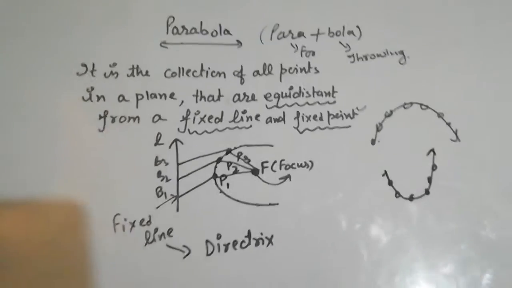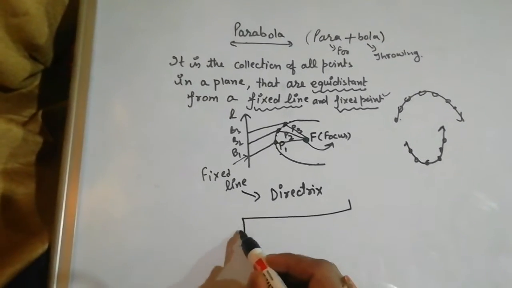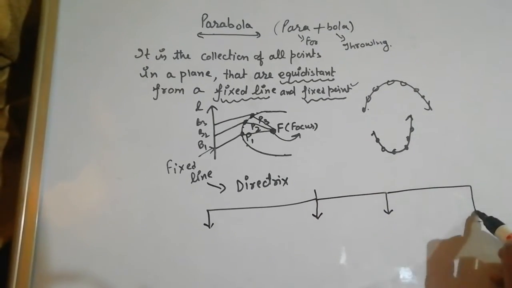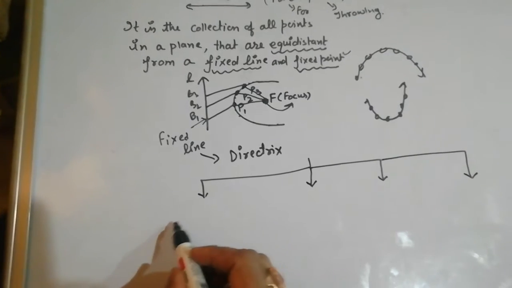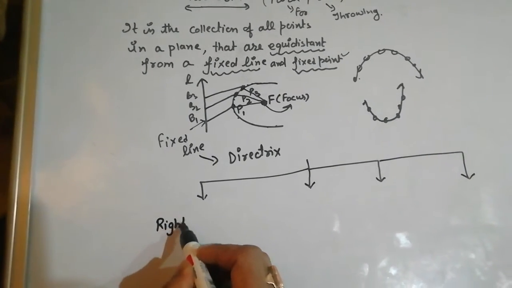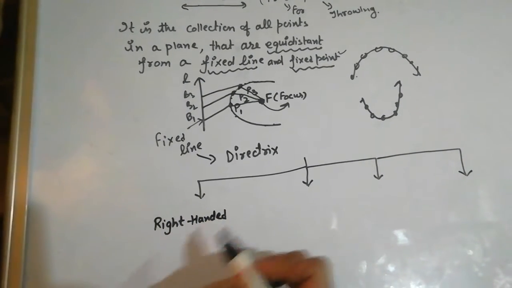Okay, so there are mainly four types of parabolas. Here I'm writing the four types of parabola. The first is the right-handed parabola.